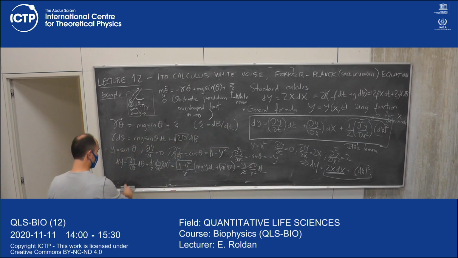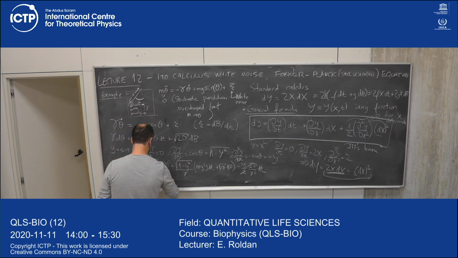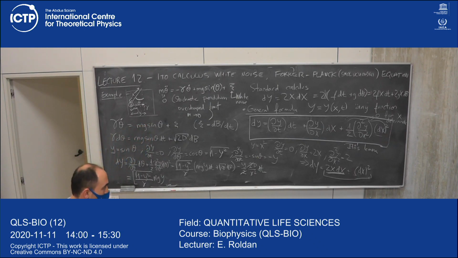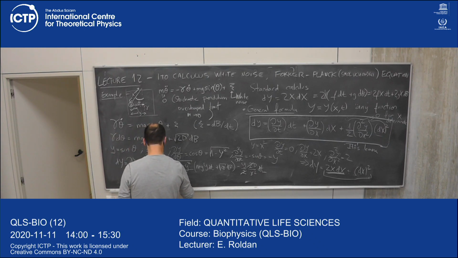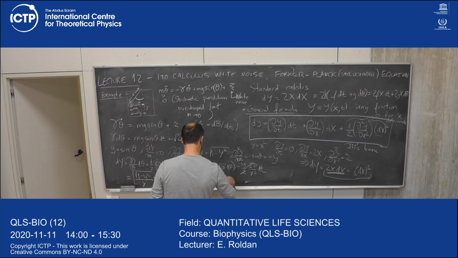And then you have it. So dy equals, okay, the dt terms are a bit complicated. There is the square root of 1 minus y squared over gamma times mg y, minus d over gamma squared times y, dt, plus all the rest: square root of 1 minus y squared over gamma times square root of 2d dB.